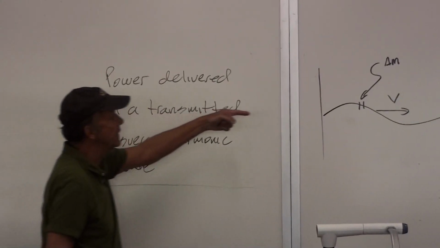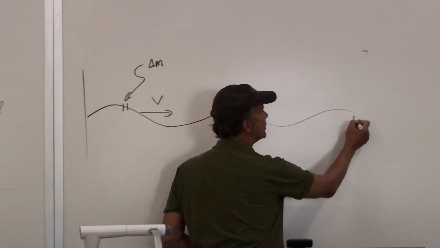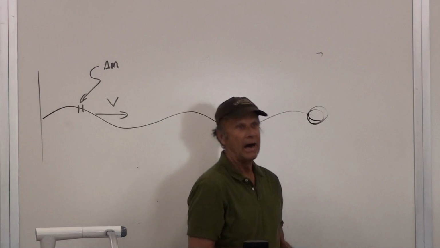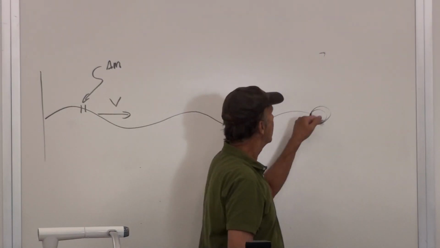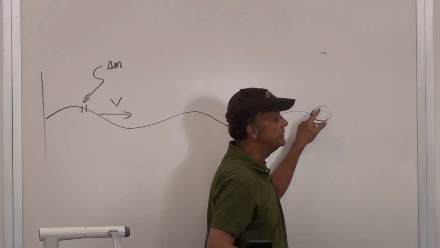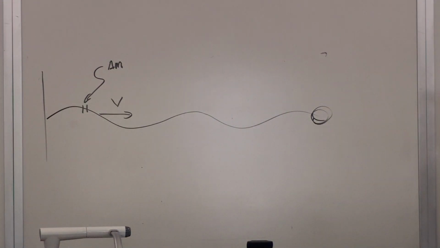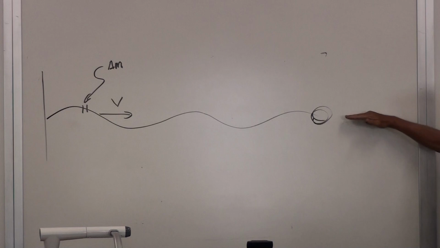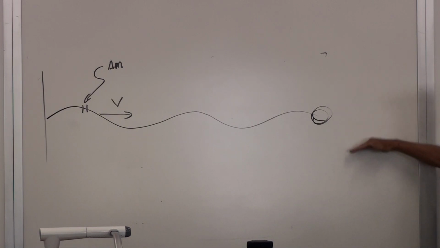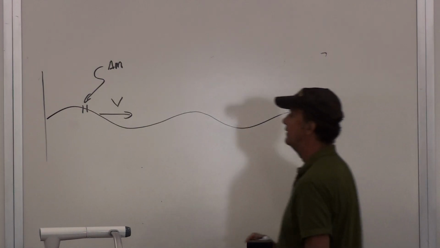And so that means that over here, I have some receiver. Could be a bob moving up and down, or I might be delivering this energy to a mass which is experiencing work as it moves up and down. Or this could be a compression wave.